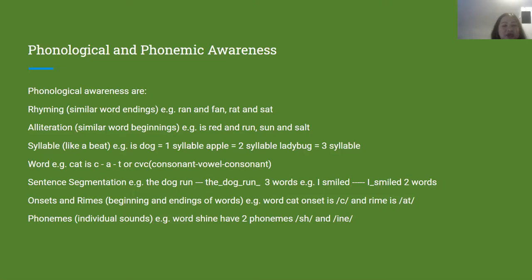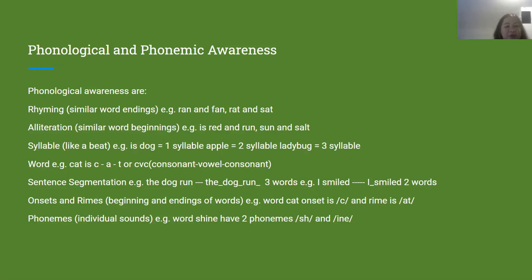Alliteration, similar word beginnings. Example: red and run, sun and salt. Syllable. Example: dog, 1 syllable. Apple, 2 syllables. Ladybug, 3 syllables.